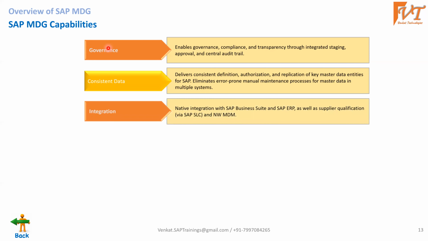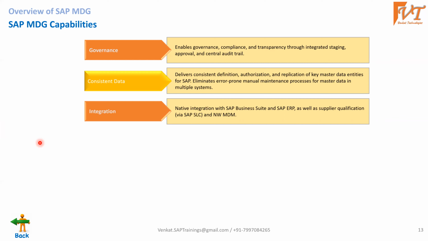And integration. So it can be tightly integrated across various systems. If we are implementing MDG for all the units of Amazon across the globe, we need to integrate all these units into one, and we'll be governing the data in one place, and the data will be integrated or distributed to the connected business units of Amazon.